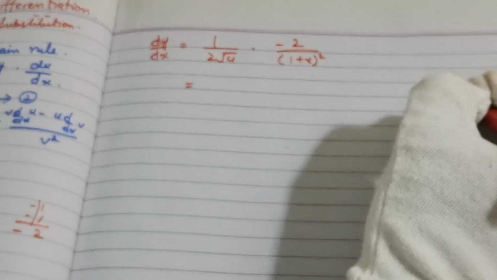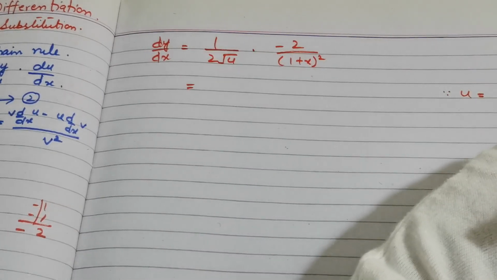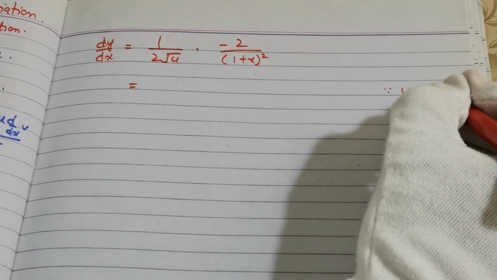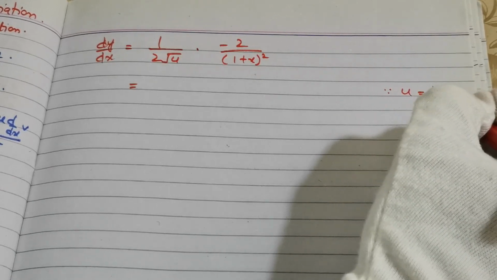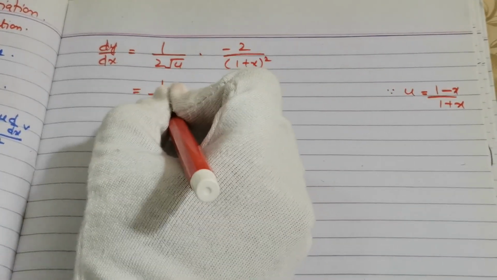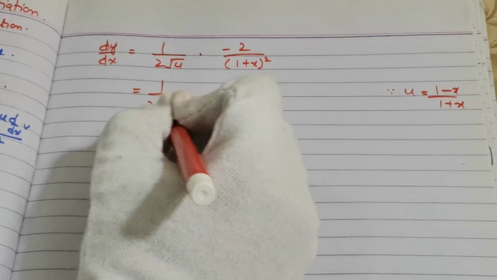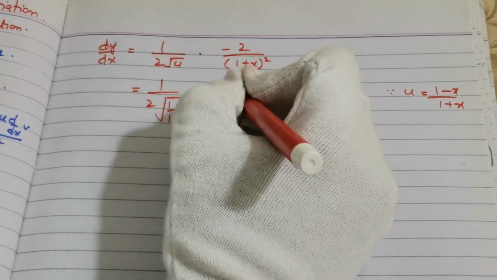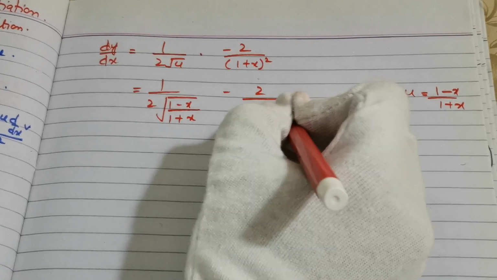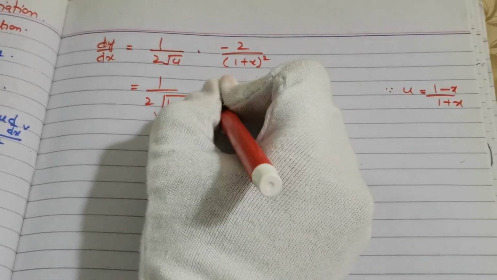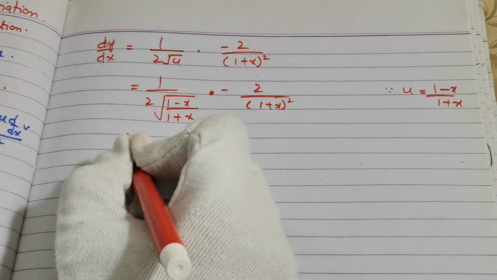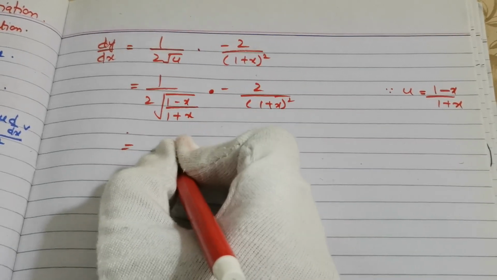As we know that u is equal to (1 minus x) over (1 plus x). So 1 by 2 under root of (1 minus x) divided by (1 plus x), times minus 2 over (1 plus x) whole square. Now when we multiply both of these two terms, what will we get?